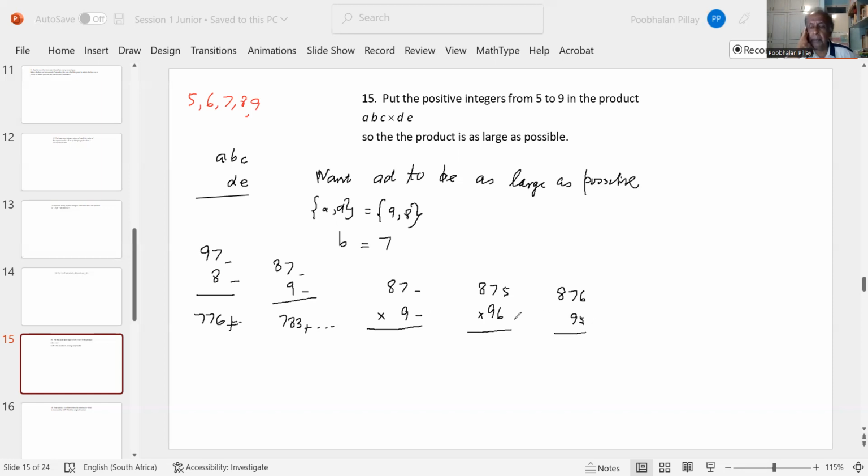Well, you will see for a start, you've got 9 875s in both, so you compare 6 times 875 in this case, and here you've got 5 times 876. And clearly, this one here is bigger.